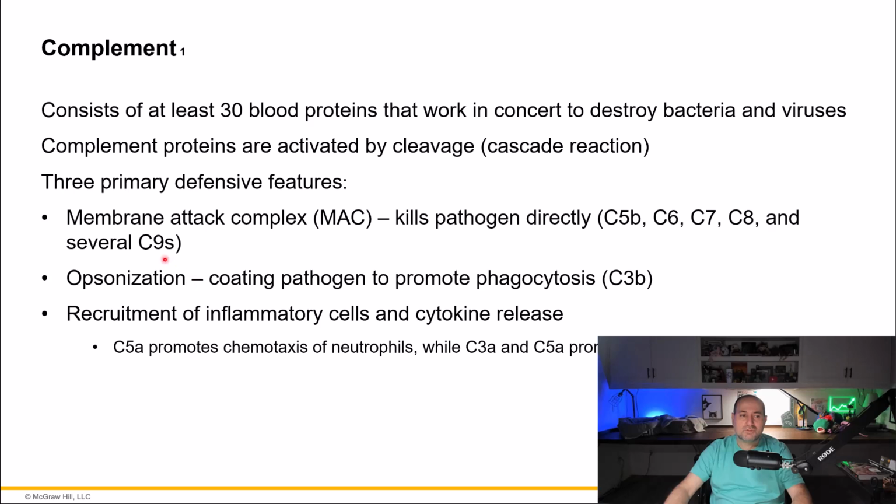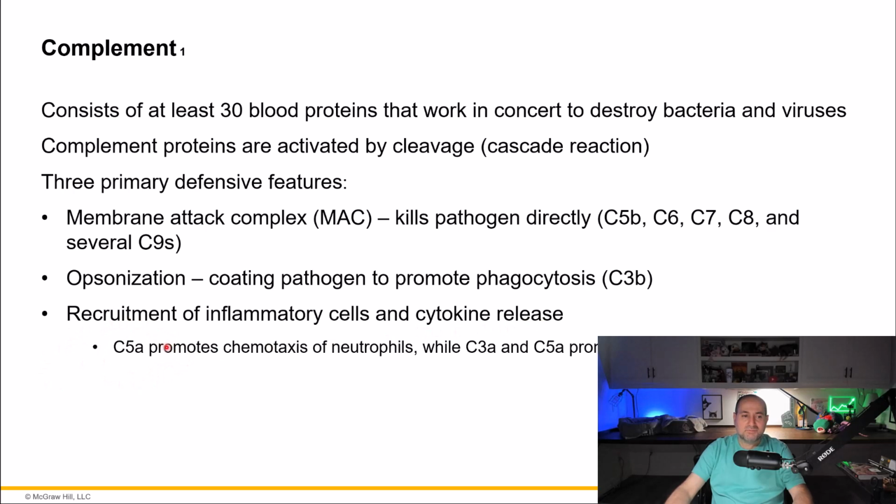It can also do opsonization, which means that the complement protein can stick to the pathogen, coating it for phagocytosis. So you should learn this term, opsonization. Anytime something sticks to a pathogen and then flags it for phagocytosis, that's called opsonization. And also recruitment of inflammatory cells and cytokine release.